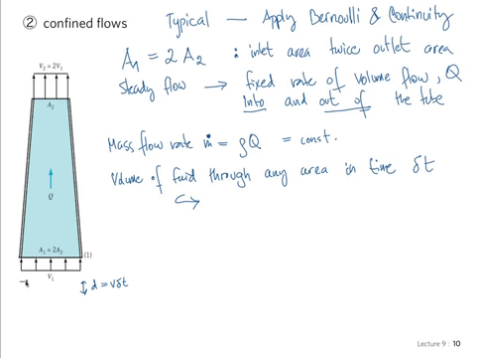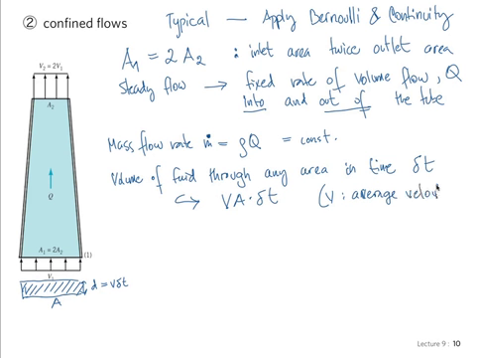And if I multiply that by the area, that is going to give me the volume. So the volume of fluid passing through any area is going to be velocity times area times delta t, where this velocity is sort of an average.